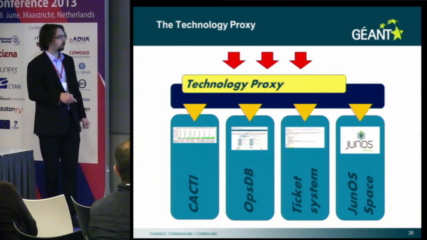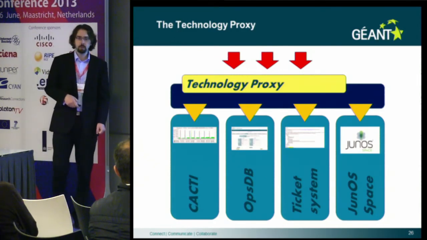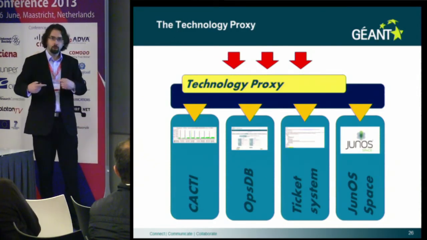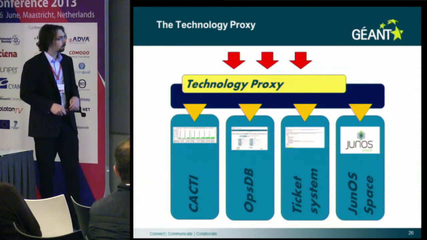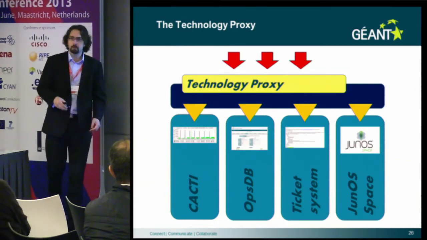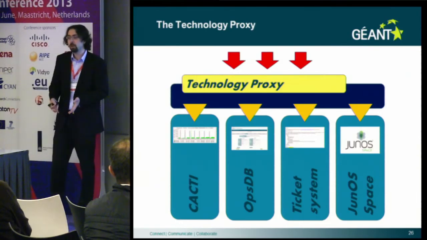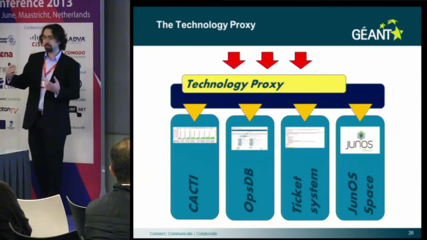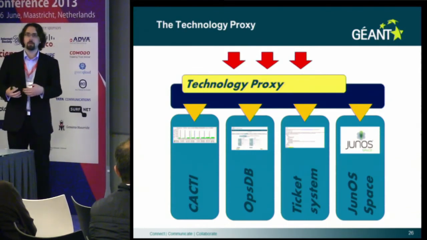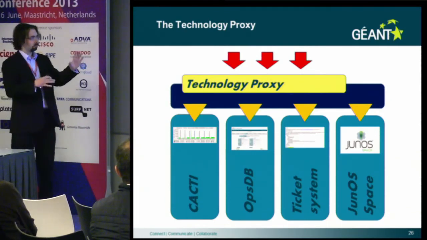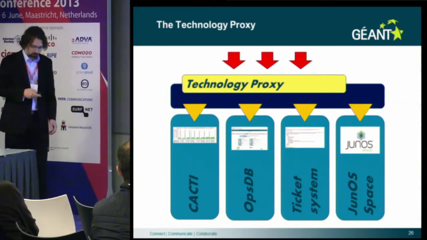I have absolutely no recall, so I don't know what the circuit is about, and you need to go on the network and find out what could have caused what and where. So this is basically the level of integration that we've reached on the new platform, and we basically reinvented the way we were provisioning systems based on bandwidth and demand. So that's the way the technology proxy works.